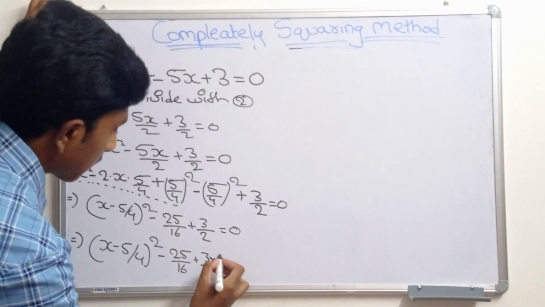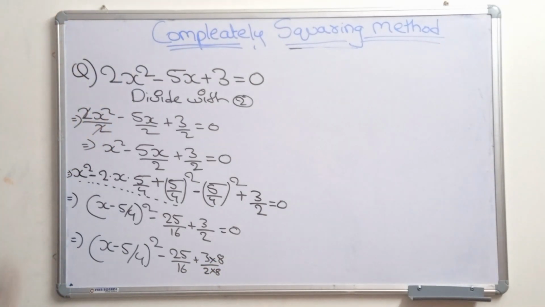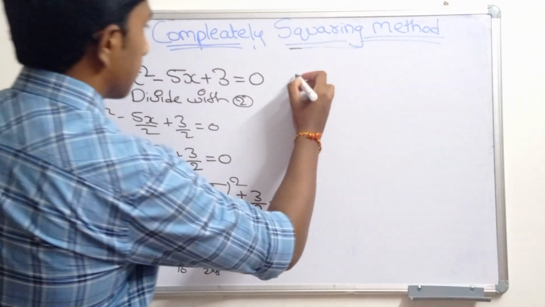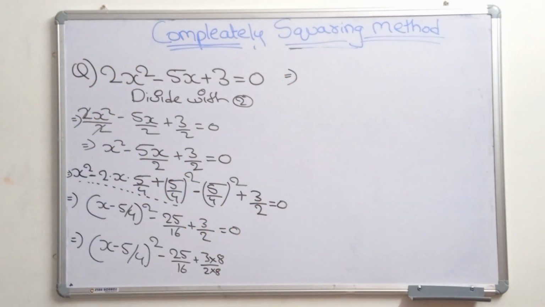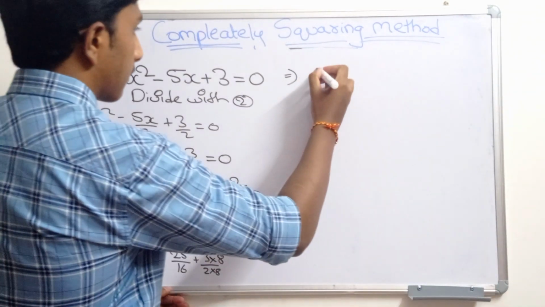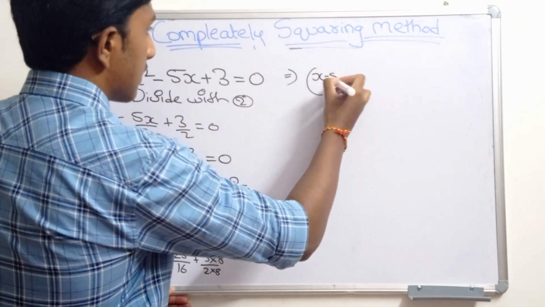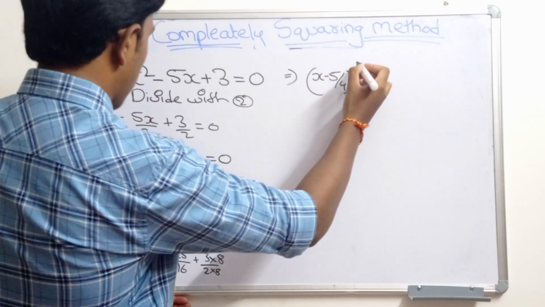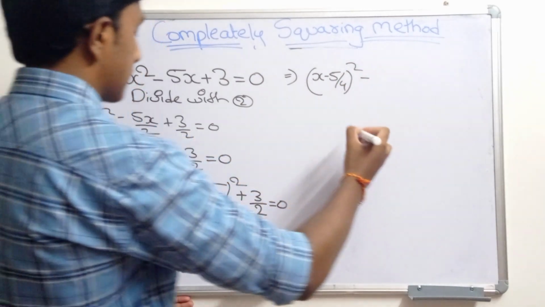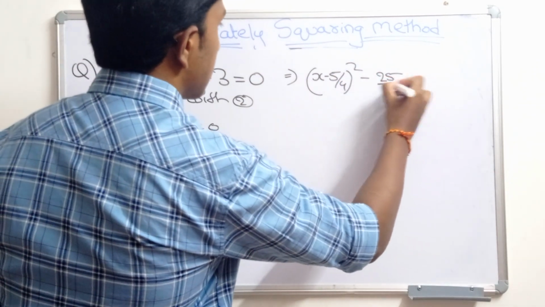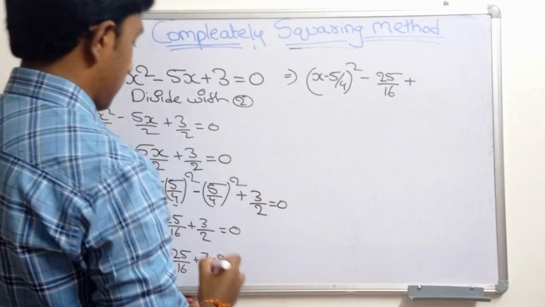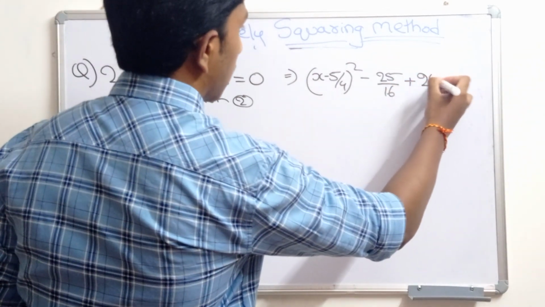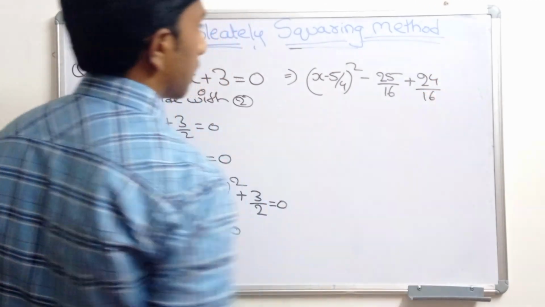(x minus 5 by 4) whole square minus 25 by 16 plus 3 by 2. After taking the LCM, we'll get (x minus 5 by 4) whole square minus 25 by 16 plus 3 eights are 24 by 16.